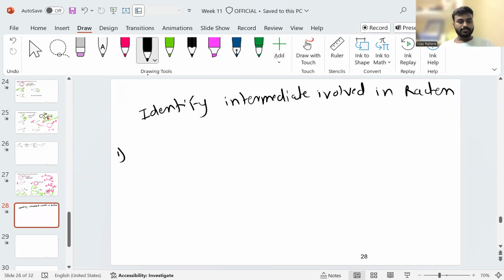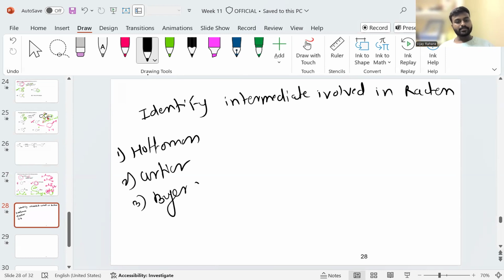The first one is the Hofmann, the second one is the Curtius, third is the Baeyer-Villiger, and fourth is the Simmons-Smith, Reimer-Tiemann, Wolff rearrangement.